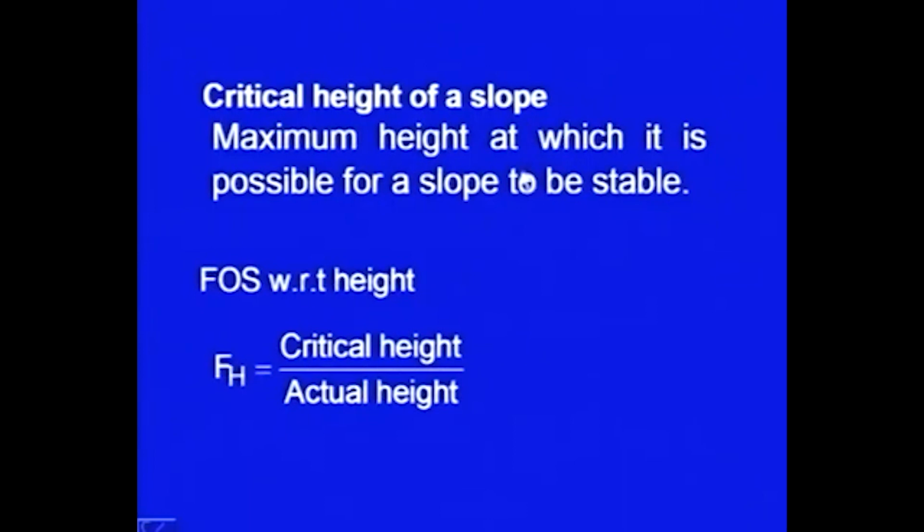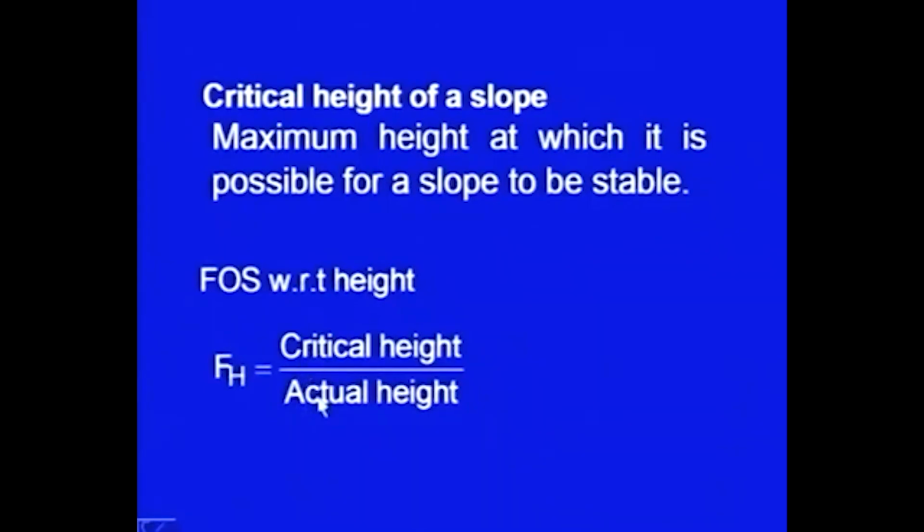So, there is always a maximum value of the height for which it will remain stable, and the factor of safety with respect to height is defined as that critical height, meaning the maximum value which the height can attain, divided by the actual height which is present there.